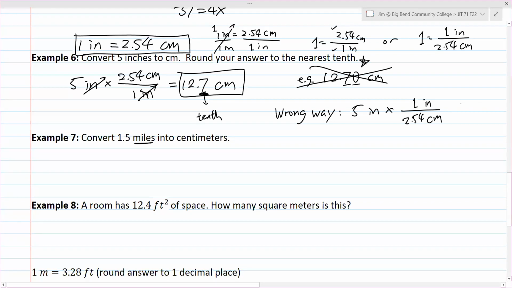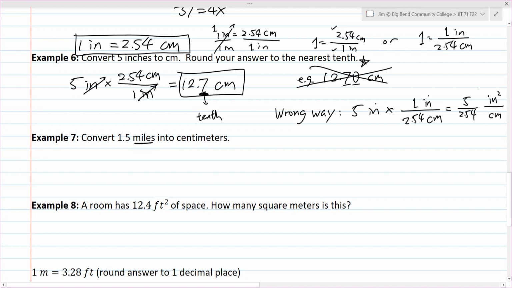The reason is that if you do this, then you end up getting 5 over 2.54, and you will end up having a more complicated unit set. Inch times inch gives you inch squared over centimeter, right?